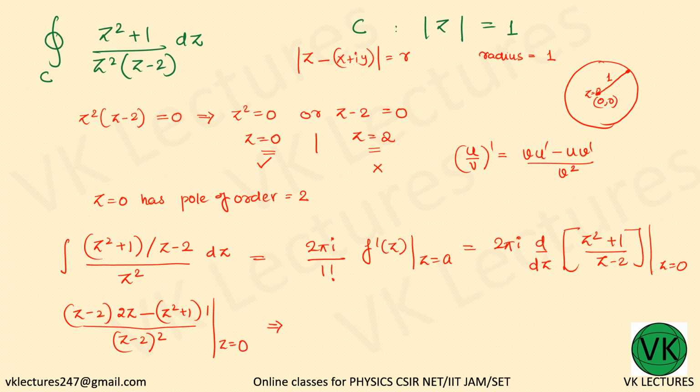Put z equal to 0 here: the first term goes to 0, this is minus 1, so minus 1 divided by, put z equal to 0 here also, 2 square, so that becomes 4, into 2 pi I, that is equal to minus pi I by 2.